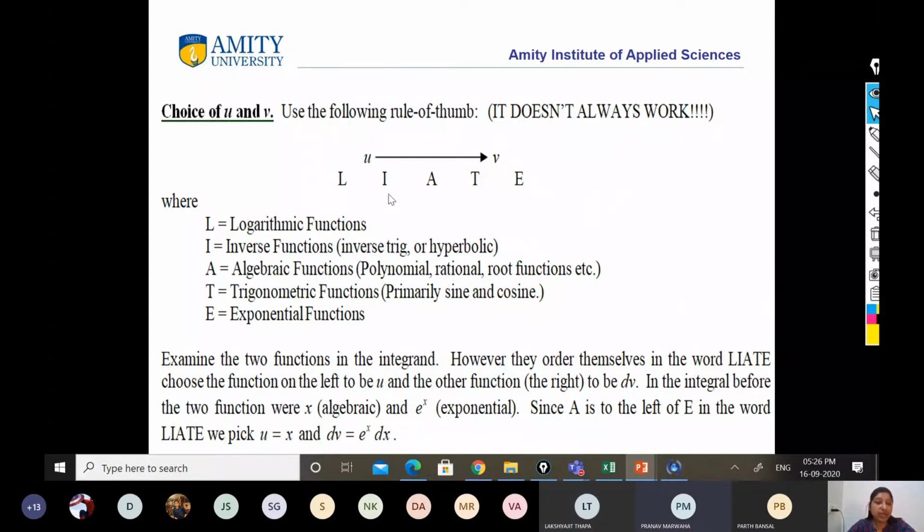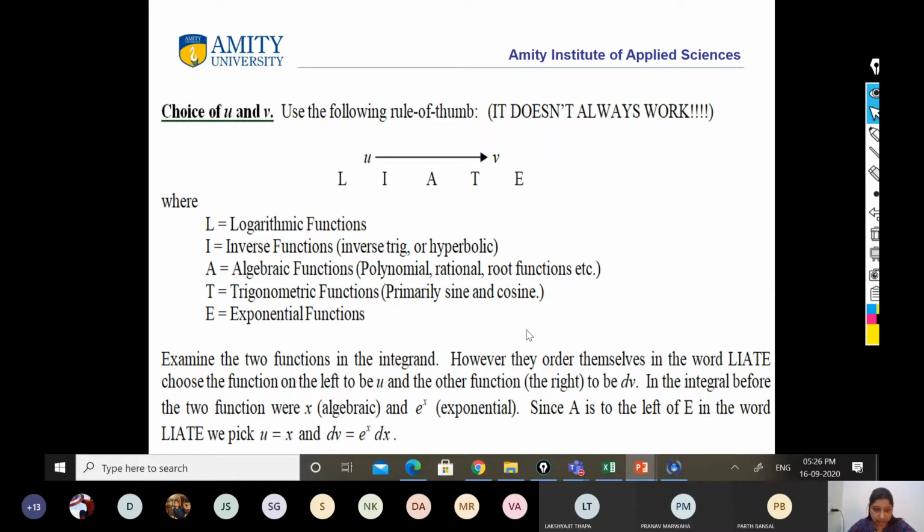I have no idea, but I have checked in the new editions of NCERT, it has been written as LIATE. I don't know whether it is a printing mistake or whether they have really changed it, but ILATE works till now. Okay, and you people are also saying that it is ILATE. So we will follow ILATE.